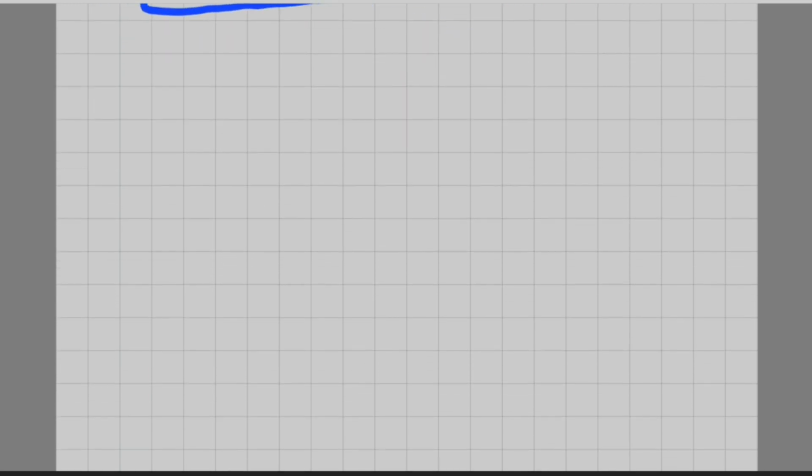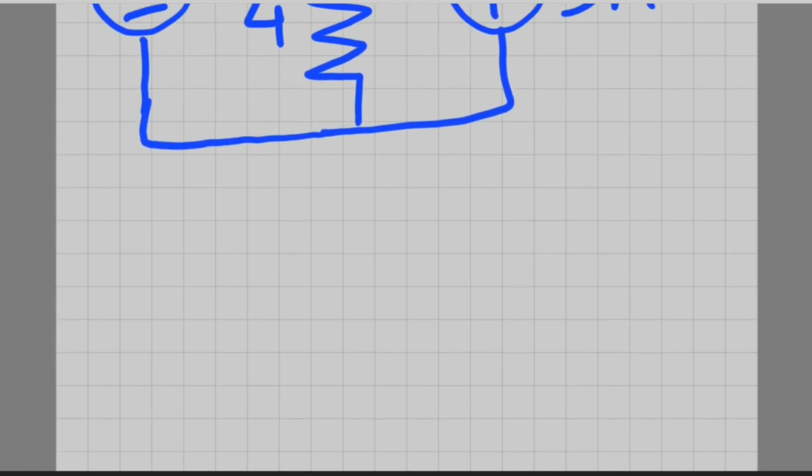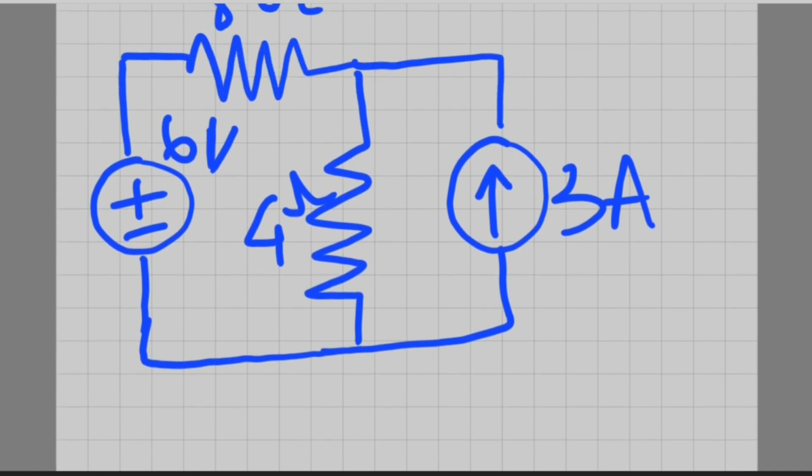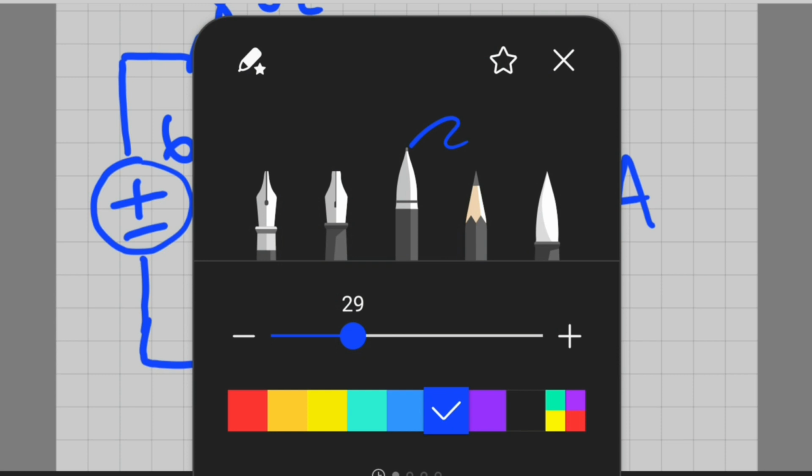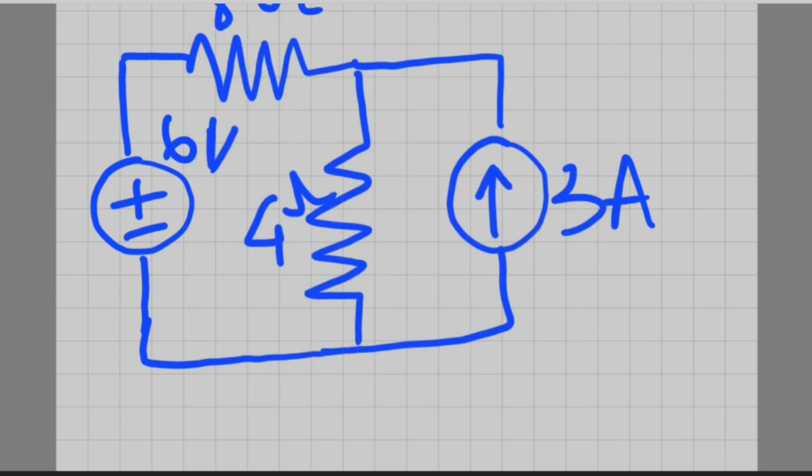If we consider the 6 volt source, then we have to make this current source inoperative, since we are considering the 6 volt source. So let's draw the diagram.